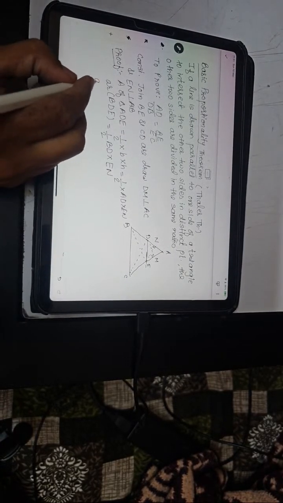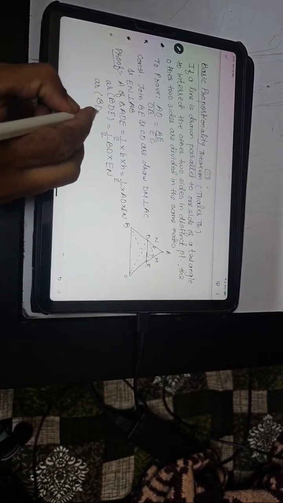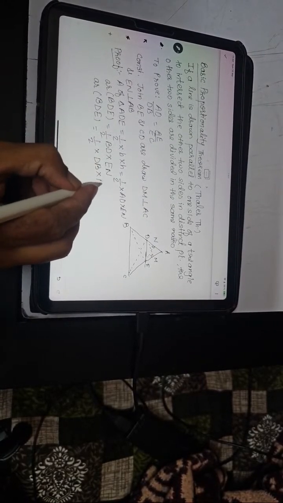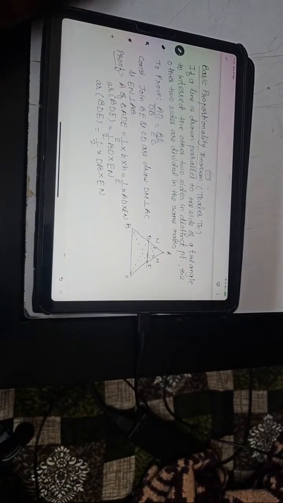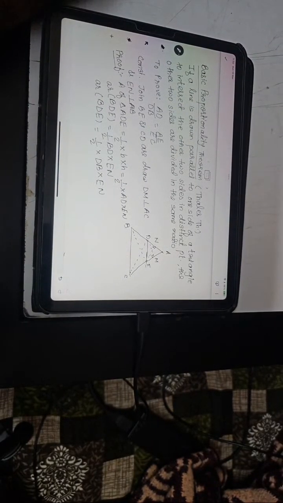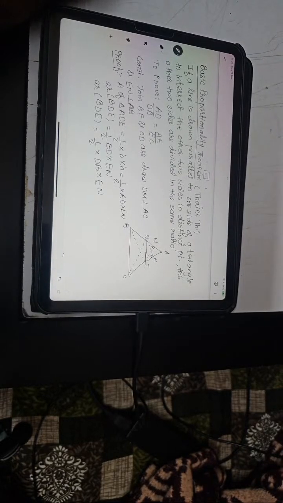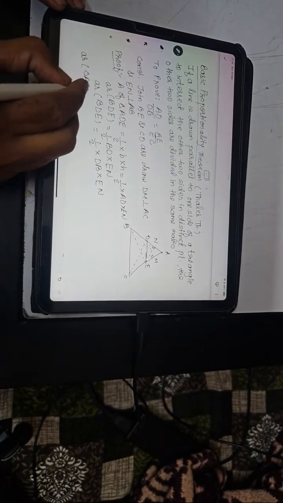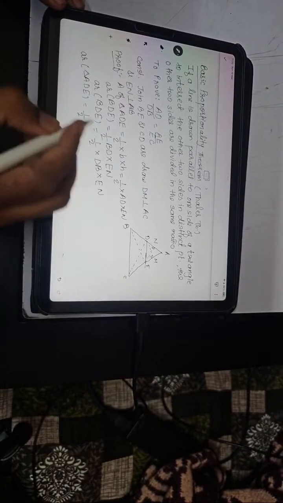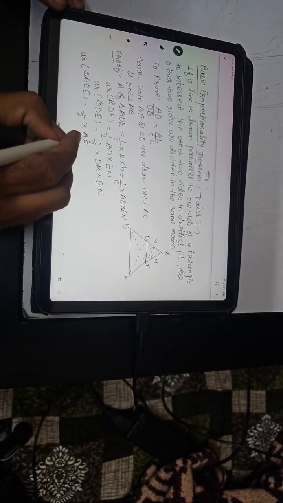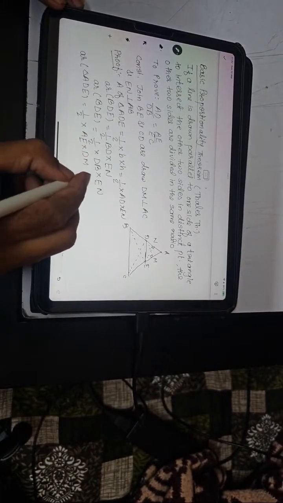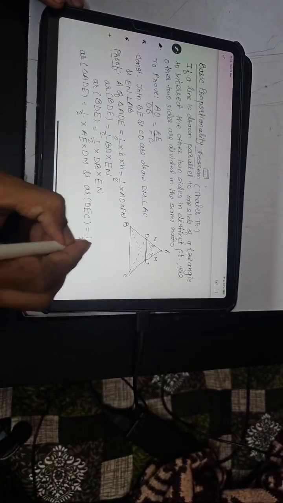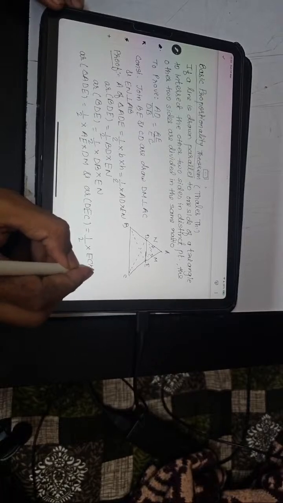I can write both ways, whether I write BE or DB, it doesn't make any change. Then area of triangle ADE will be equal to half into AE into DM, and area of triangle DEC will be equal to half into EC into DM.